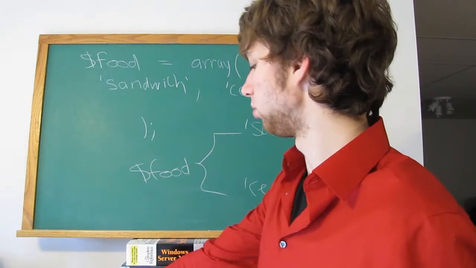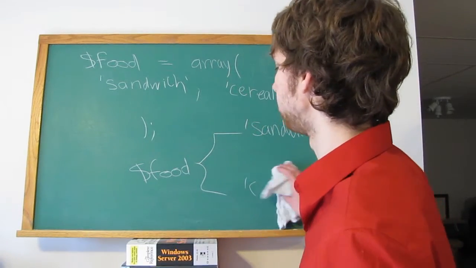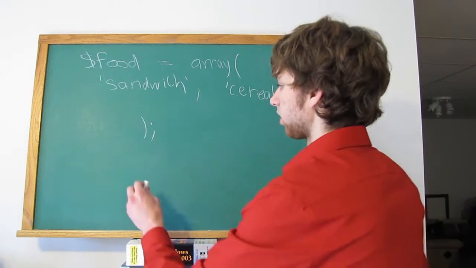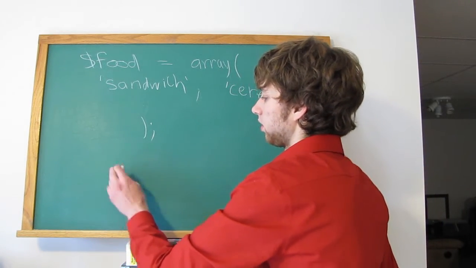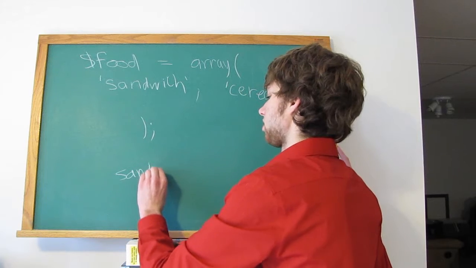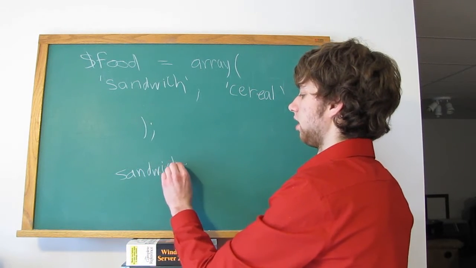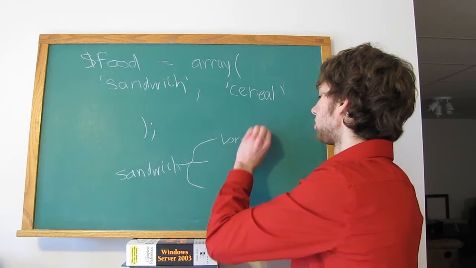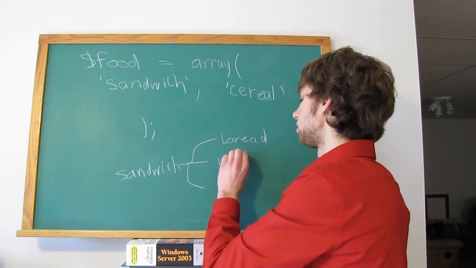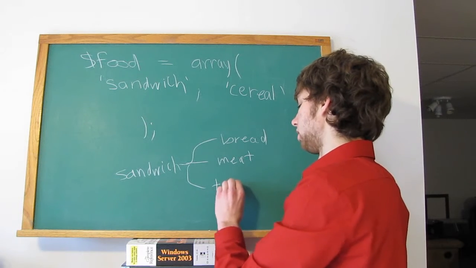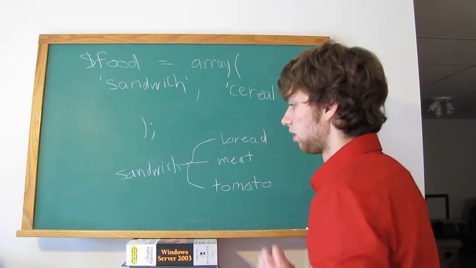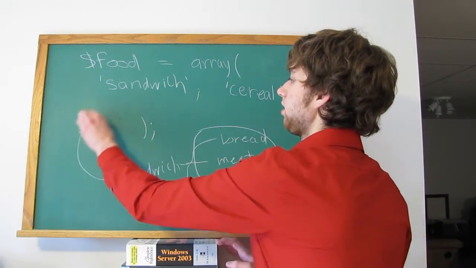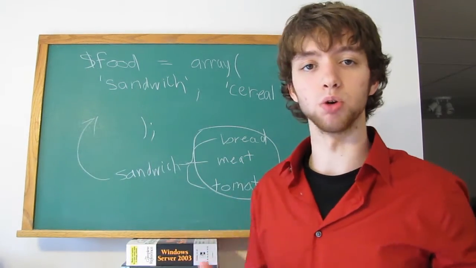Alright, well now, what if we turn this into a multi-dimensional array? Let's say we want a sandwich. A sandwich consists of bread, meat, and a tomato. Well, we could also put this array right here within this array, and that would make it multi-dimensional.